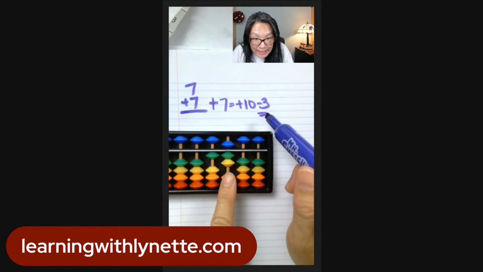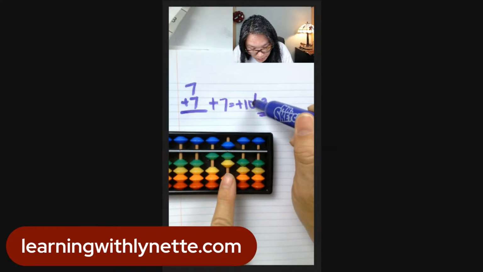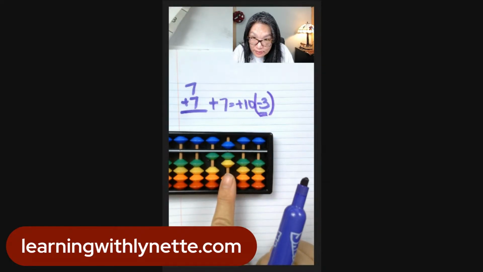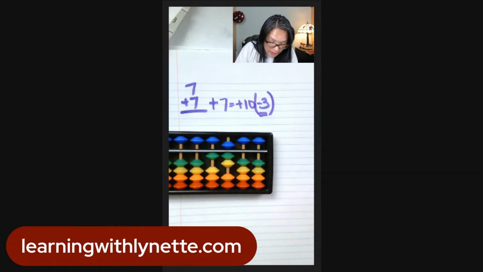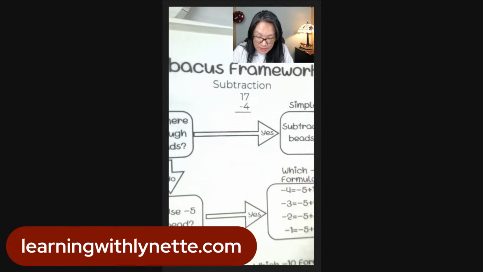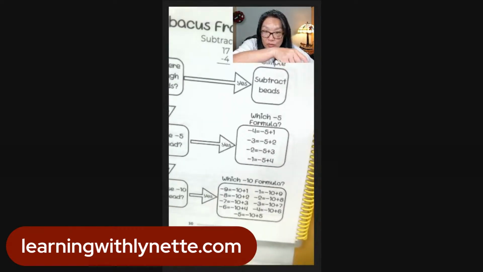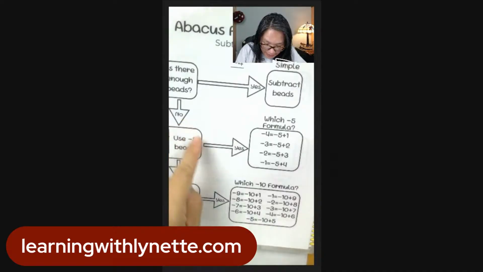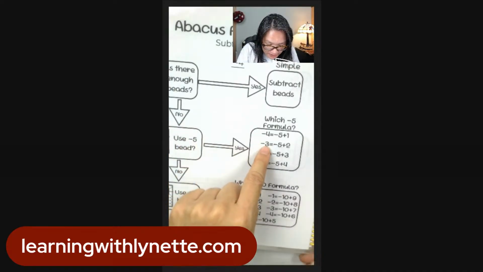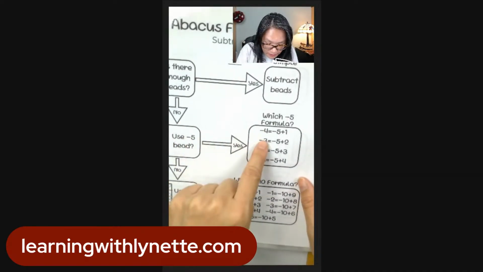Guess what? I cannot minus the 3. So what do I do? I need to check, because I have no more beads to minus the 3. That's where it comes in. Do I have any beads to minus the 3? No, I don't. So what can I do? Can I take away the 5? Minus the 5 is equal to, minus the 3 is what?